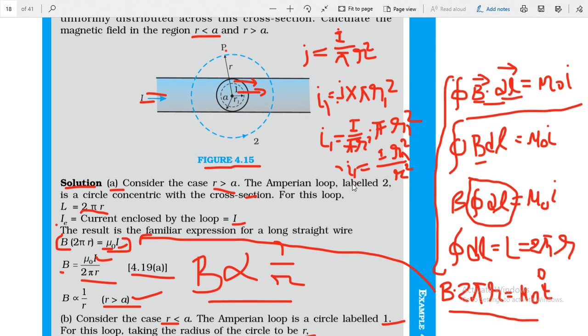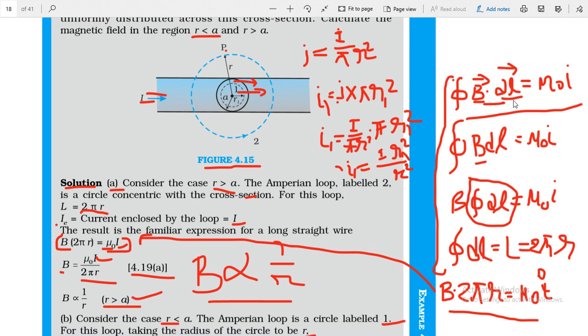I hope you understand this I1 amount of current flowing through the circle represented by dotted line, because this is the current enclosed by this Amperian loop that is represented by the dotted line.